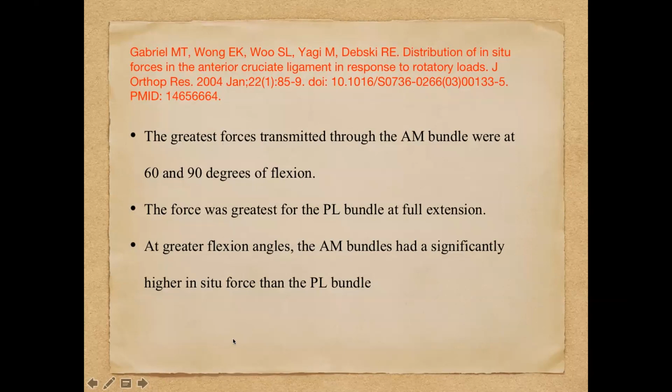The greatest force transmitted through the AM bundle was at 60 and 90 degrees of flexion. The force was greatest for the PL bundle at full extension. The greater the flexion angle, the more the AM bundle had a significantly higher in situ force than the posterolateral bundle.